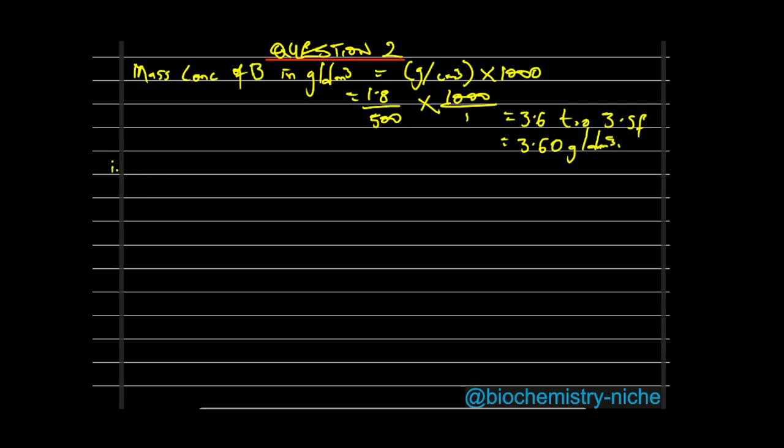So to calculate the concentration of B in moles per dm cube, we have this formula to be used. Mass concentration equals the molar concentration times the molar mass. That is the reason why we had to calculate mass concentration earlier on, because it wasn't given in the question.